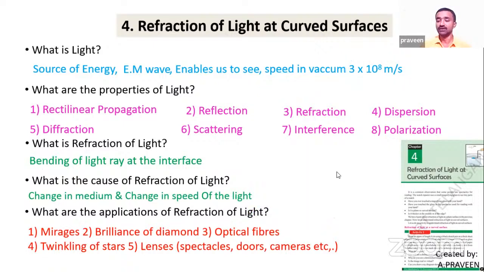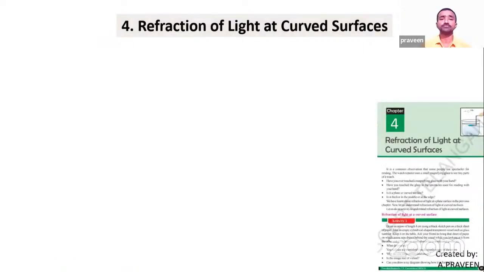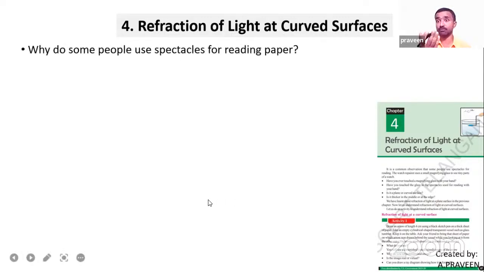Then the next one: why do some people use specs for reading a paper, or while they are reading something in their books? Why do they use specs for reading the newspaper or textbook or some information on paper?